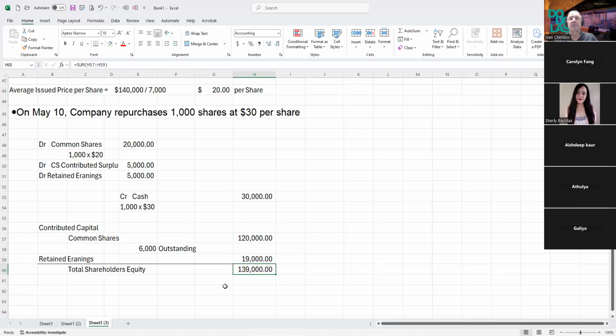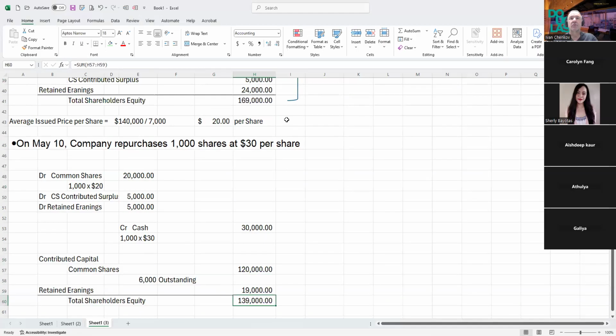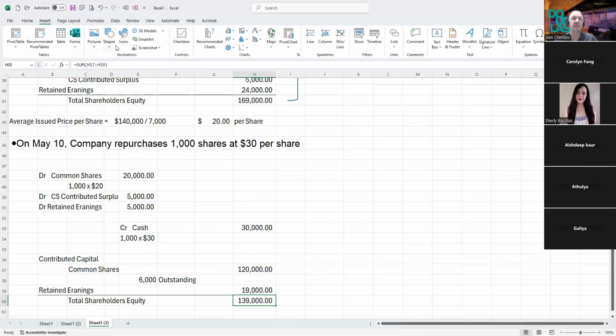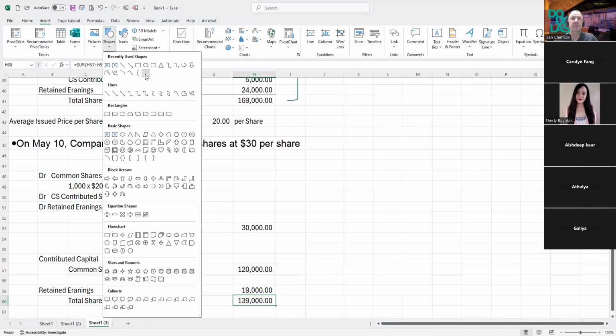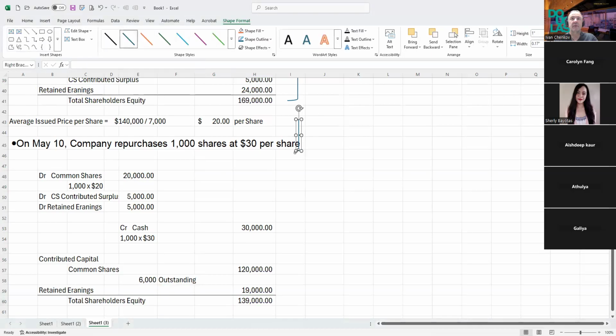Where's my shareholders' equity now? 139. So let's do our check. Let's see what happened with the previous period. Let's get the shape, put it here, and see what happened now.